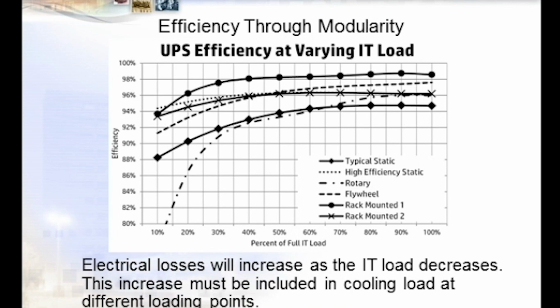And 10 or 20 or 30% might seem low, but actually when we're talking about systems with multiple redundancy, 2N systems, those modules may never see more than 40% loading. So this is something to understand: how the UPS system can have a big impact on energy efficiency.